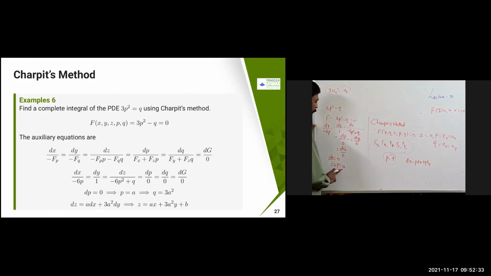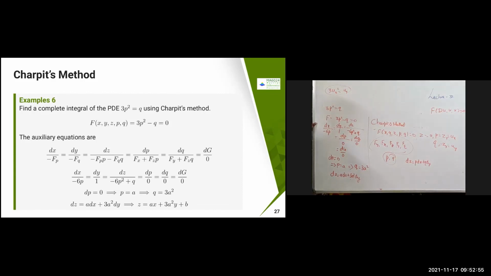So p is equal to a means you can substitute it over here. That is going to imply q is equal to 3a square, substituting p. Therefore, you can substitute it over here: dz is going to become a dx plus 3a square dy.